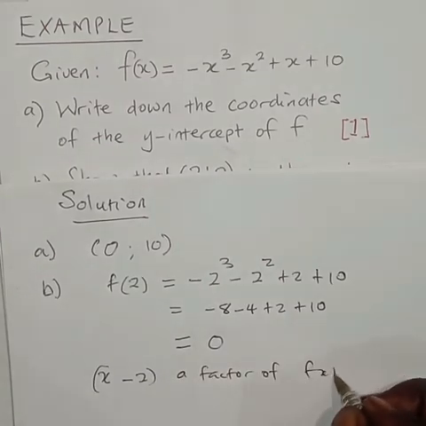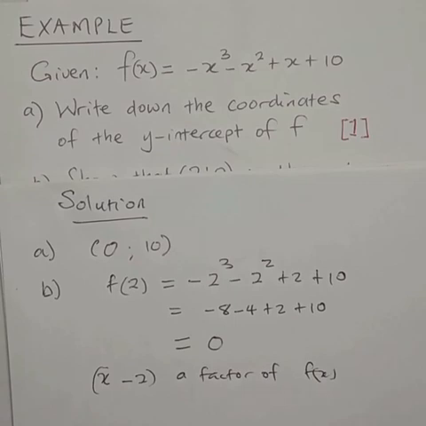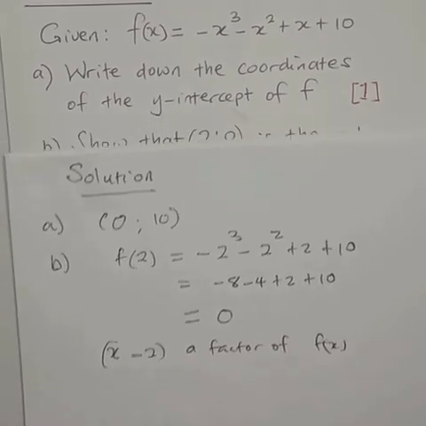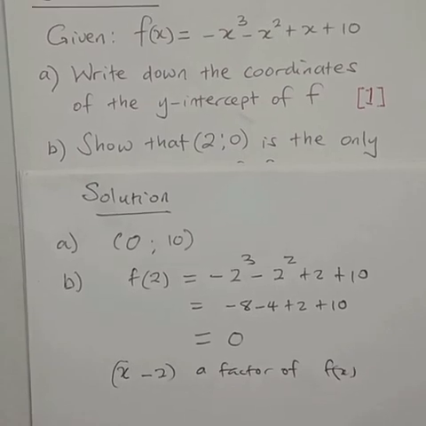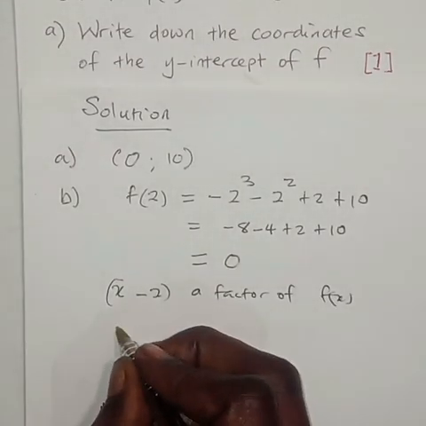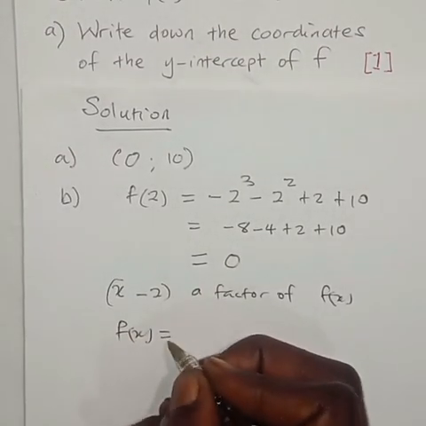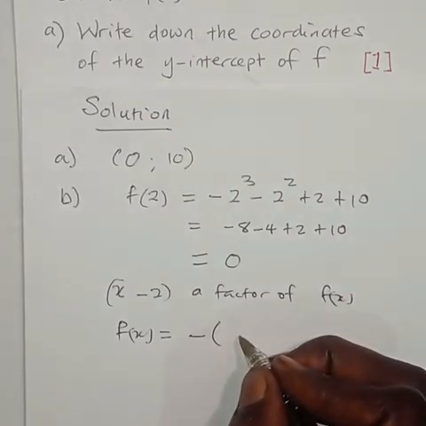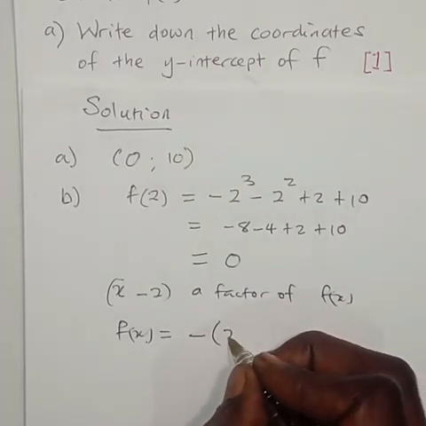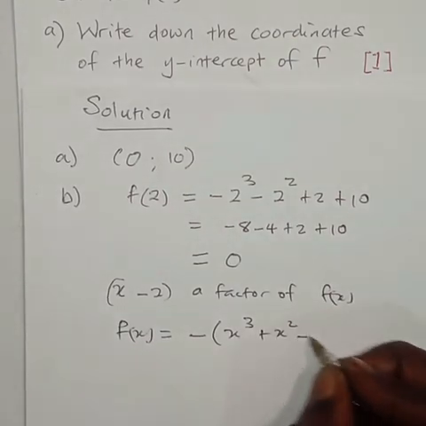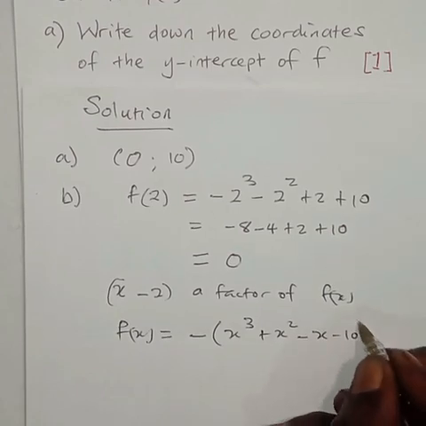Now, can we just write f(x) nicely so that we get rid of all the negatives? I can take out a negative to make it look nice, so I'll have x to the power of 3 plus x squared minus x minus 10.